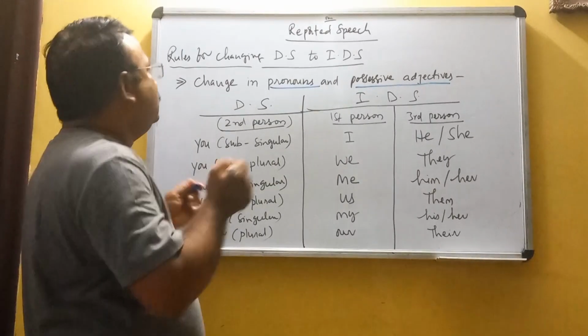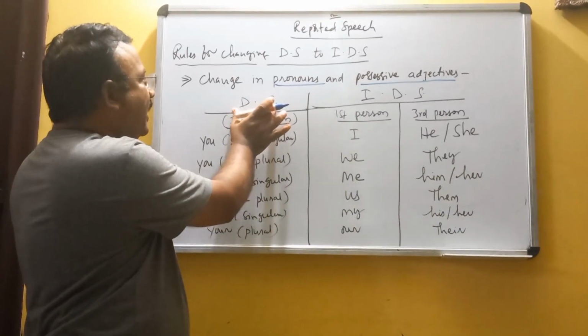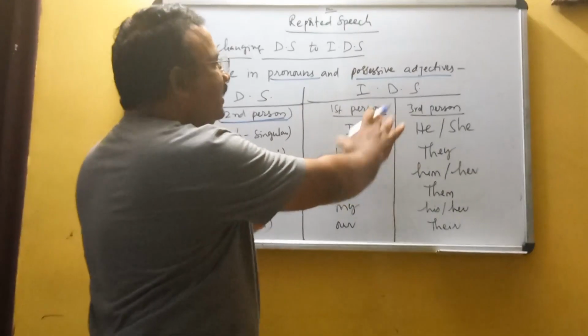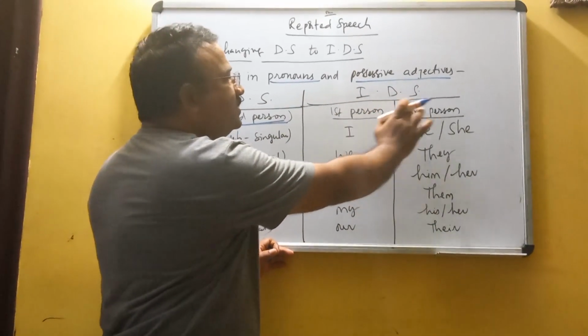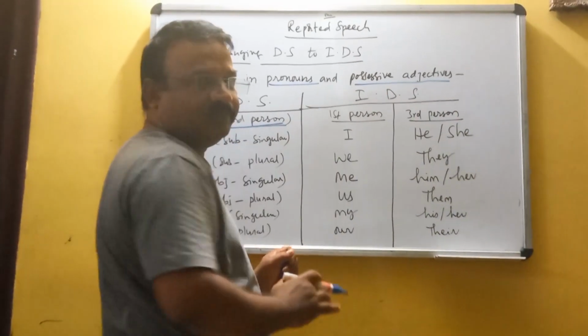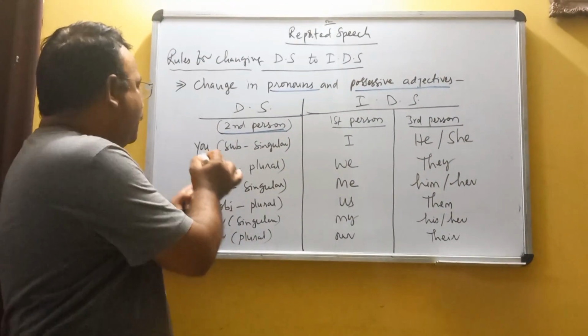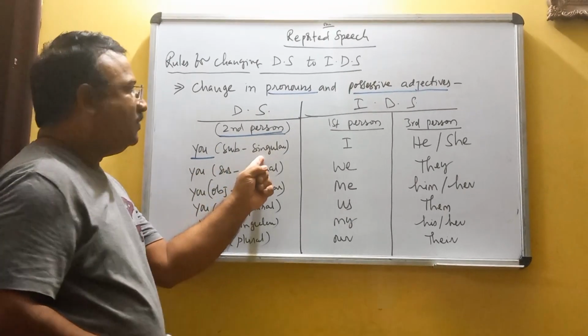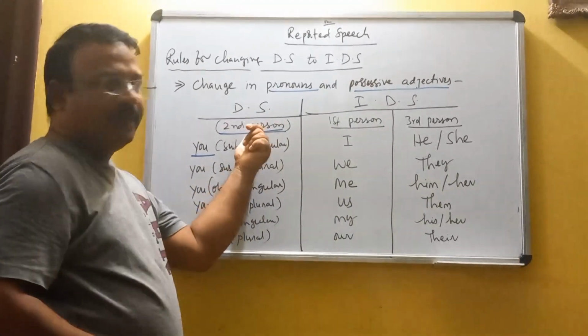Now, in the direct speech, second person will become first person or third person in indirect speech. For example, you as a subject, singular, is second person.